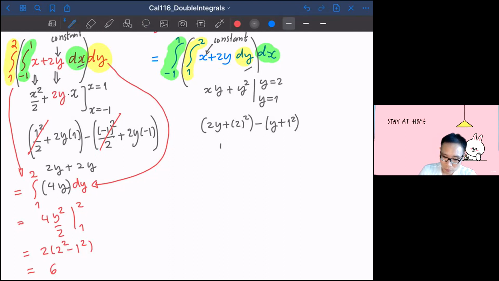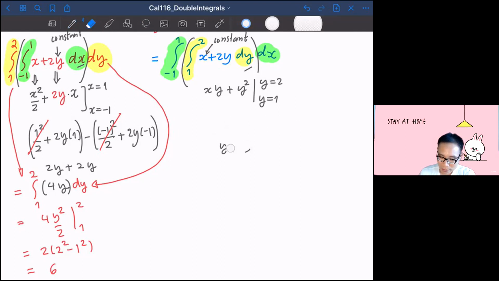Sorry, I should plug in, this can happen. I'm going to have to plug y equal to, not x. I plug into y, sorry.